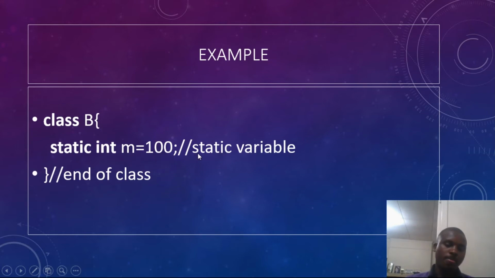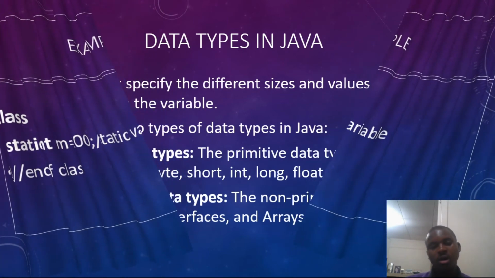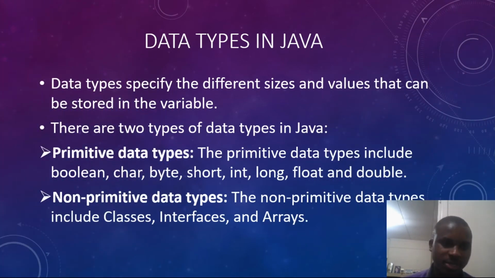Then let's move on to data types in Java. What are data types in Java? Data types in Java define the size and the values that can be stored in a variable. We have been talking about the types of variables that we have: local, static, and instance. But apart from those, the variables have their data type. What is the data type for that variable?